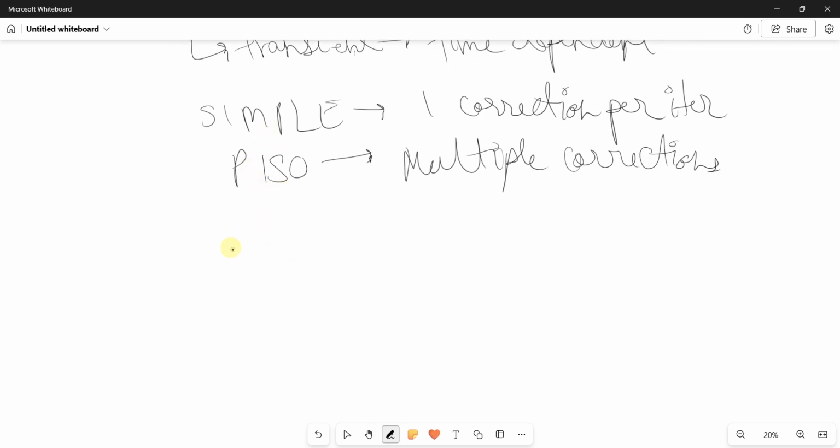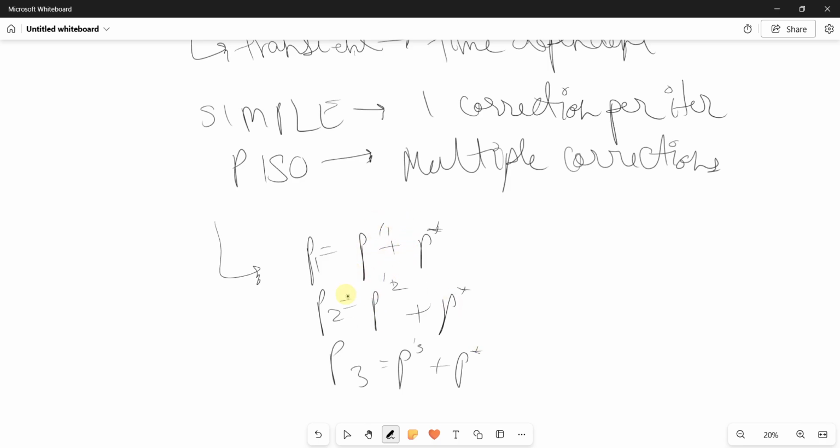It means that suppose you were doing this, right? P1 is equal to P dash plus P star. So it computes more of them. So P dash 1 plus P star, then P dash 2 plus P star. So P star remains the same. P3 is equal to P dash 3 plus P star. So you have multiple equations for corrections and it keeps correcting multiple times.